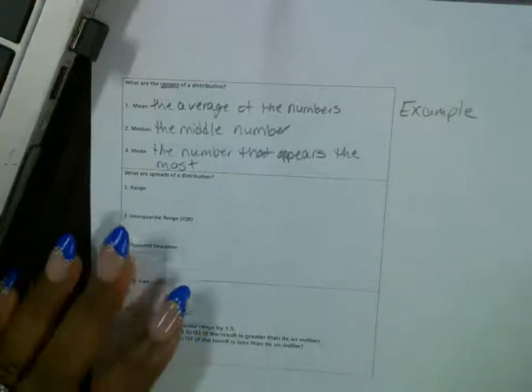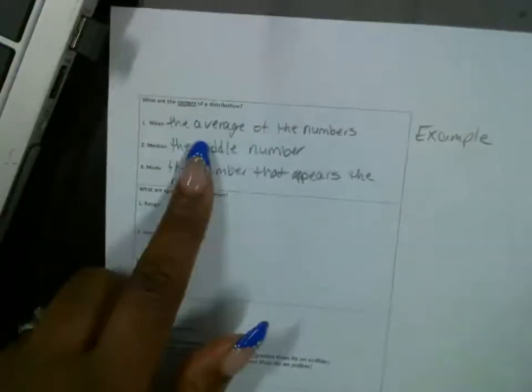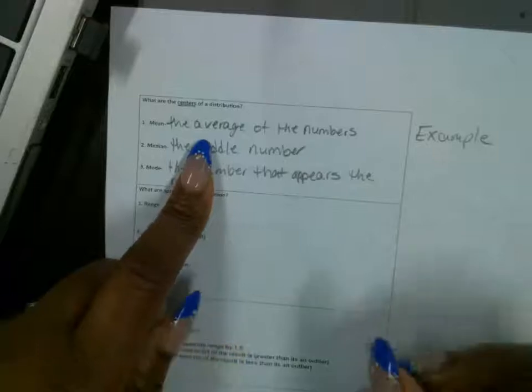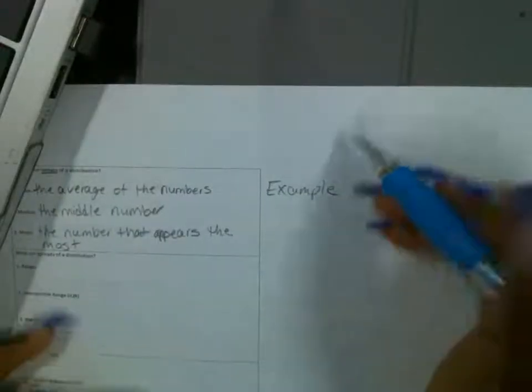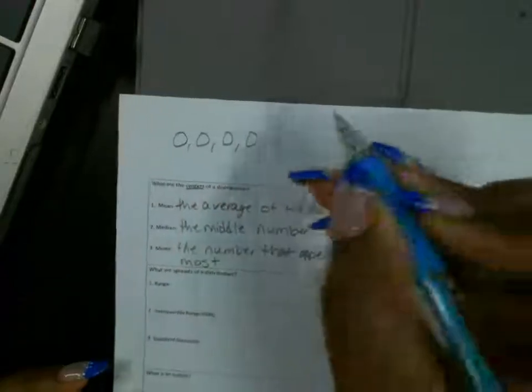Why would you think the best representation would not be median? Why is median not a good way? So if I took your grades, let's put an example of your grades up here. Let's say you got a 0, 0, 0, 0. Okay, let me make this fake.